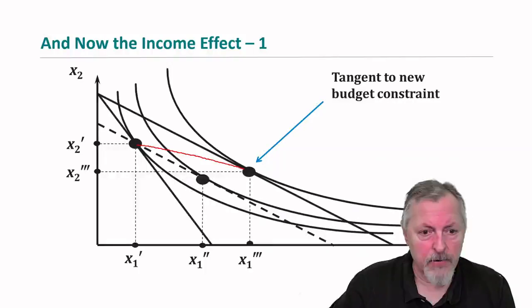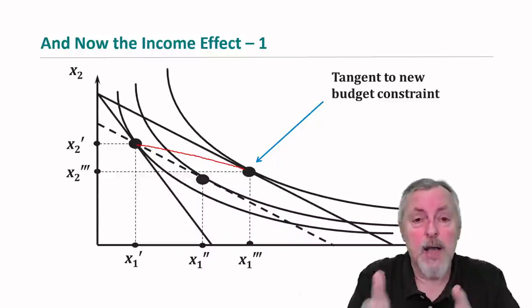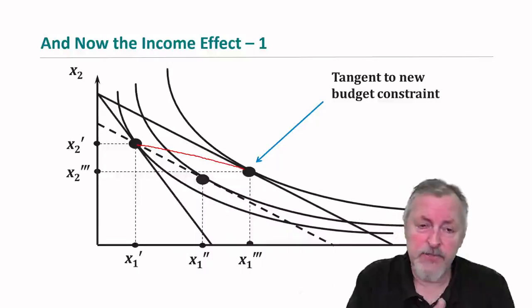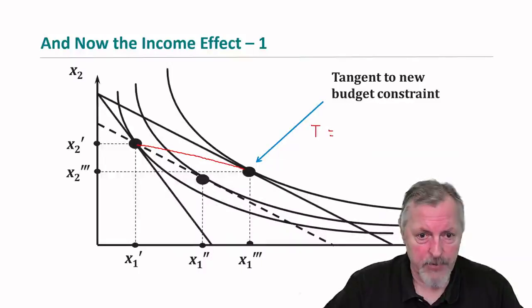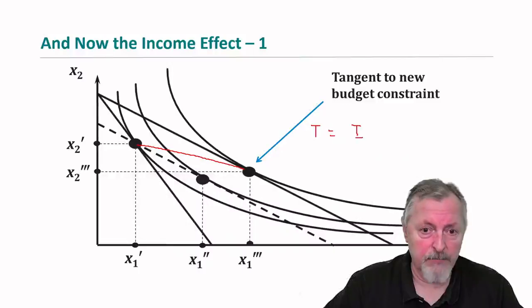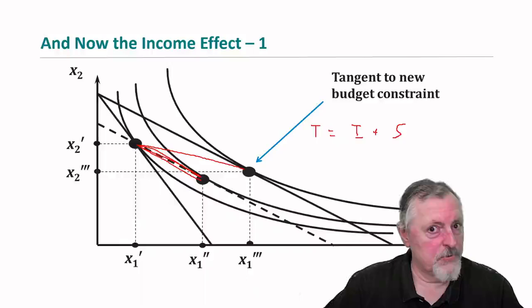Going from here to here is your total change, caused by a combination of the income effect and the substitution effect. If I can do this, trying to write with a mouse, the total change equals the income effect plus the substitution effect. Well, this is the substitution effect.